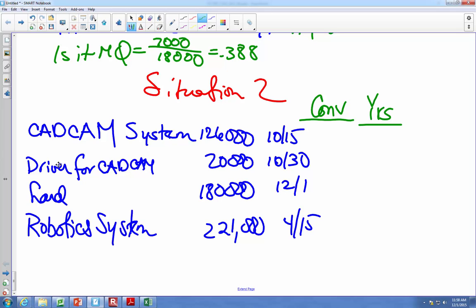Gosh, I can't make up numbers in my head anymore like I used to. Can you change this from 221 to 211?